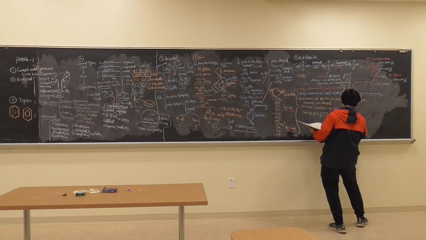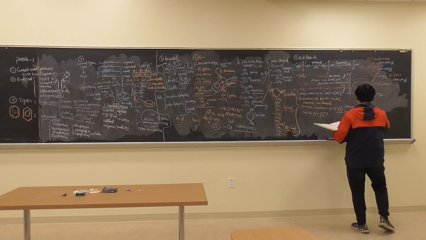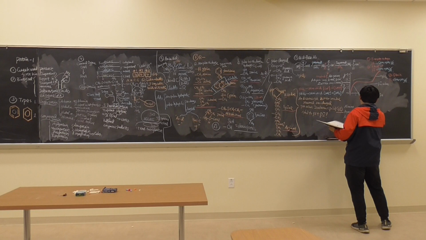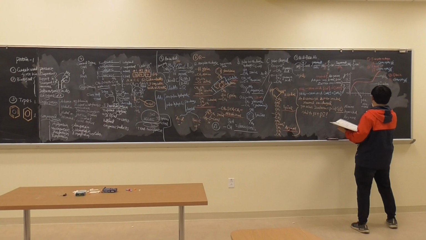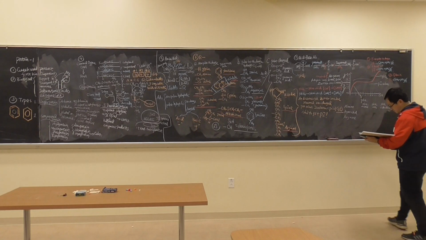And then you have different values. For example, this is pKa1, that represents the OH. And we have pKa2, that's NH3. And then we have pKa3, which is the side chain R.